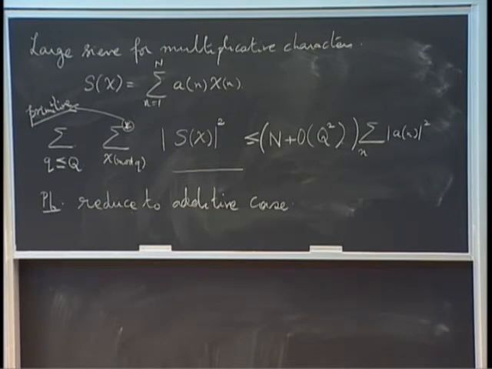The orthogonality relations allow you to pick any function that you want on Z mod QZ star using multiplicative characters. You have one basis and you have another basis. You can ask, how do you write terms in one basis in terms of your other basis? And this is the formula that he worked out.